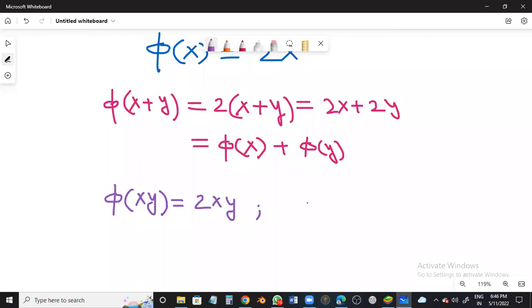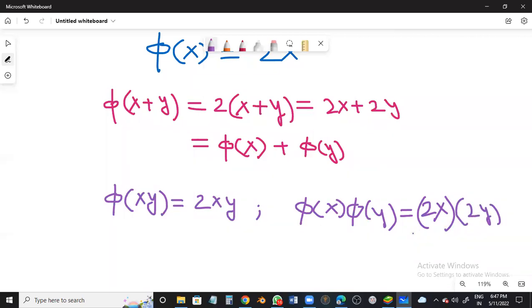Now, phi of x into phi of y, because I want this to be the right side, so I am solving this very separately. Phi of x into phi of y gives me twice x multiplied by twice y. The output is 4 times xy.